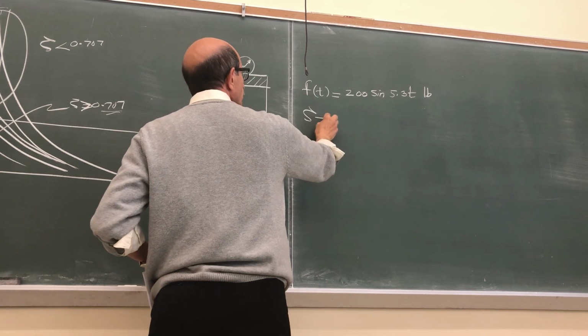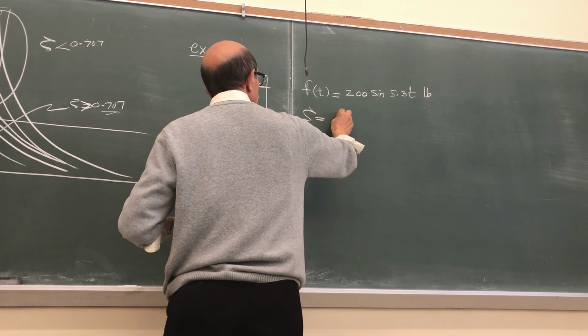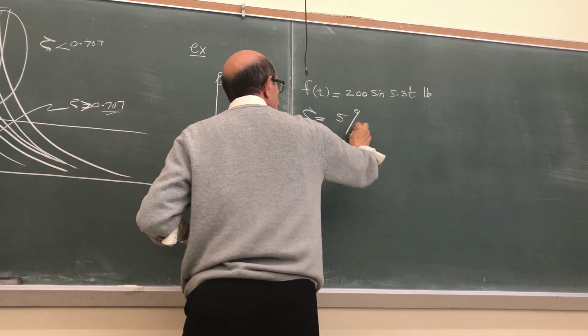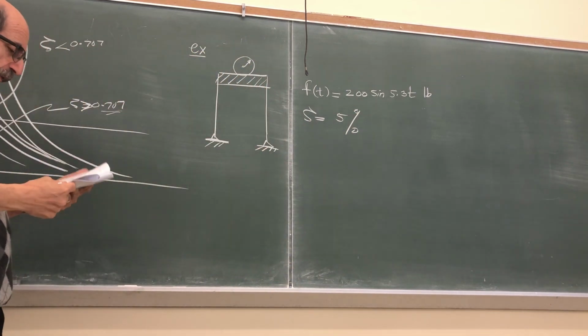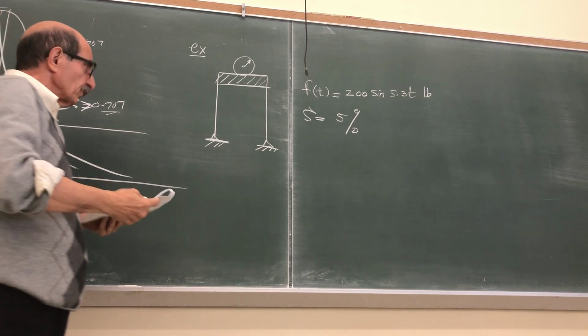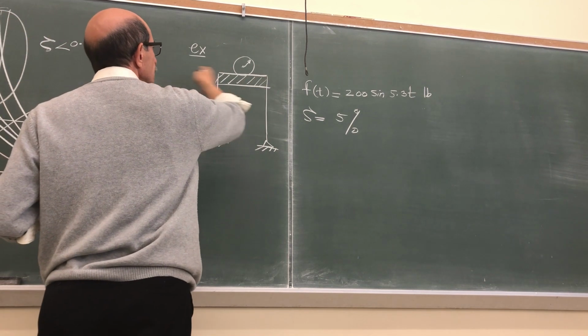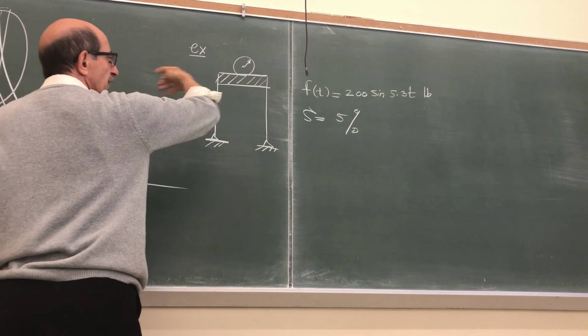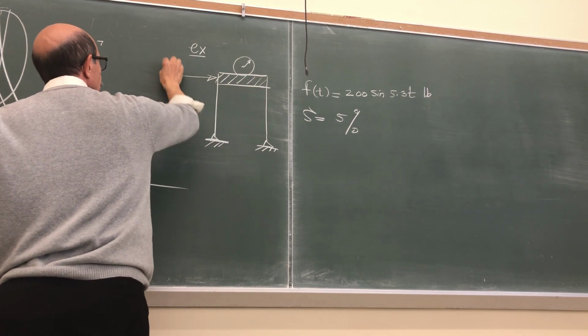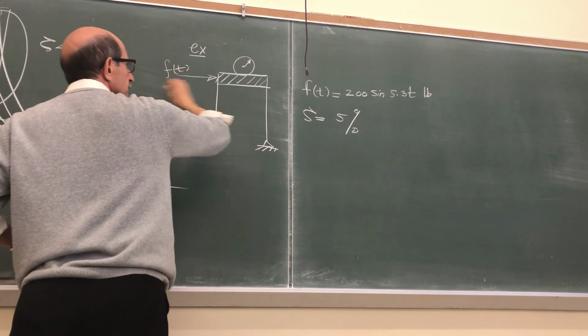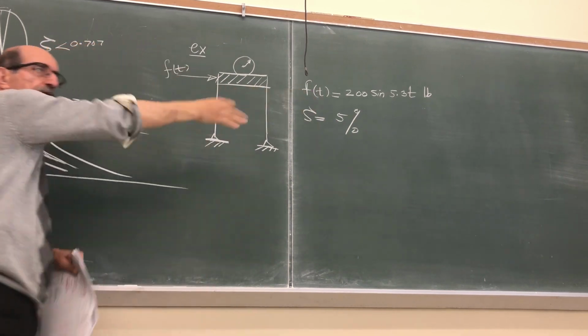Let's assume the damping ratio of this structure is 5%. We assume that this rotating machinery, as it is vibrating, exerts a force like this, which causes a vibration like this.